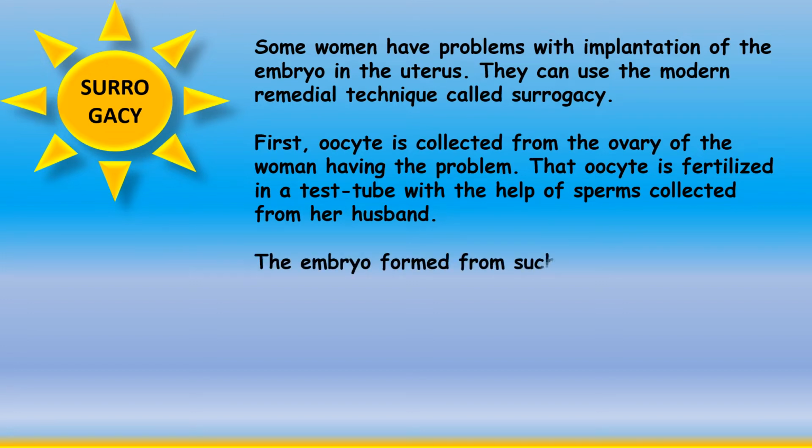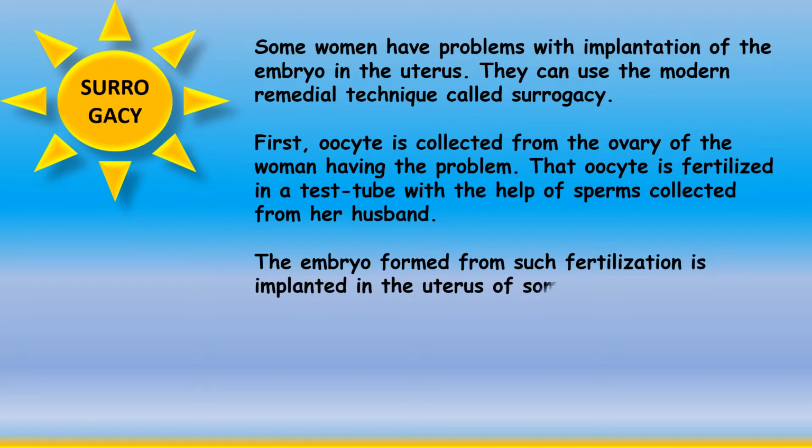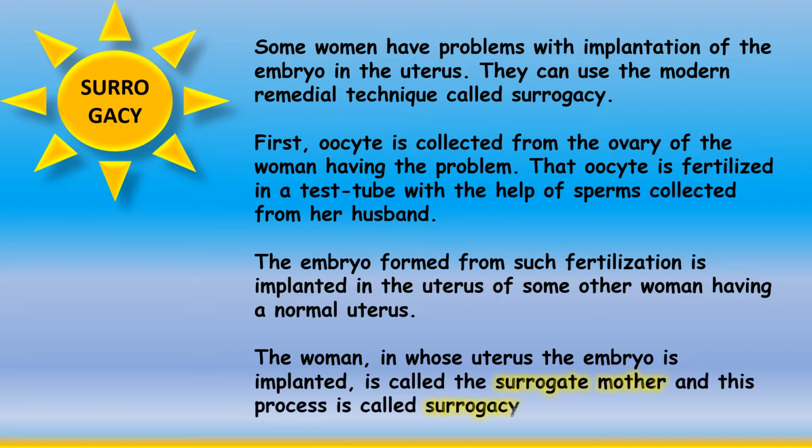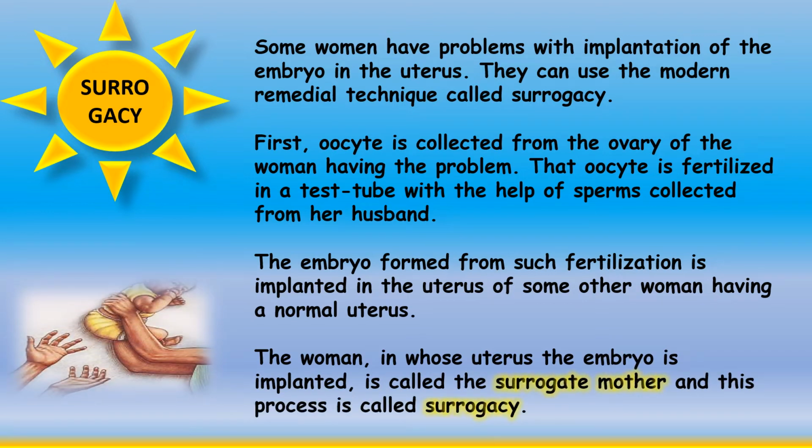The embryo formed from such test tube fertilization is then taken and implanted in the uterus of another woman, a healthy woman who is able to hold that baby or that embryo in her uterus. The woman in whose uterus the embryo is implanted is called the surrogate mother, and this process is called surrogacy. So surrogacy helps a woman who is not able to hold the baby or the embryo formed in her uterus.